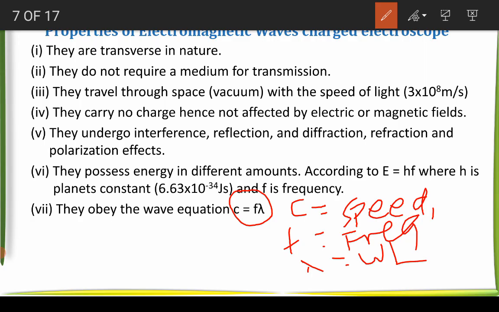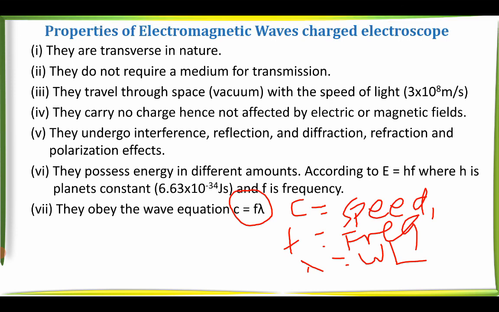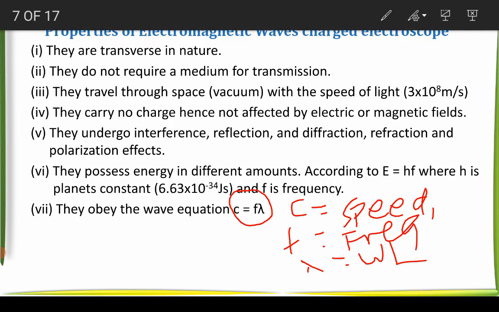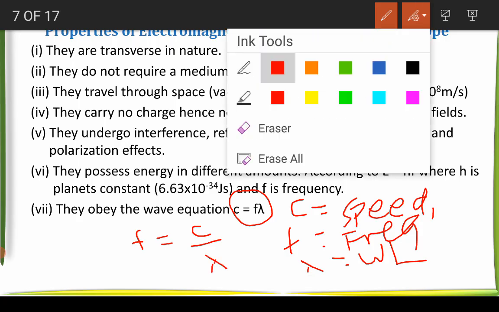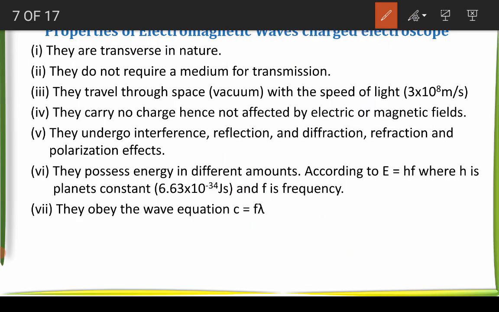If you know the frequency and you know the wavelength, you can simply multiply the two and find what you don't know. Be able also to make the other variables subjects of the formula. For example, frequency will be speed divided by wavelength. All right, I hope we are good.